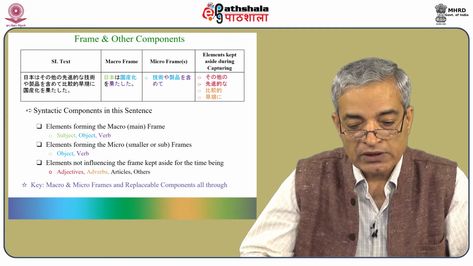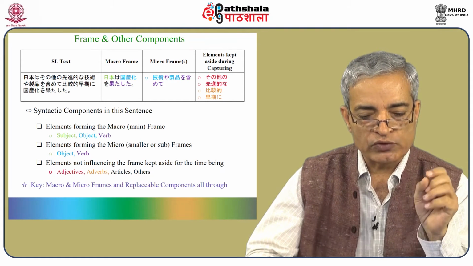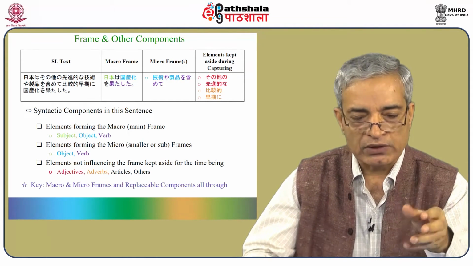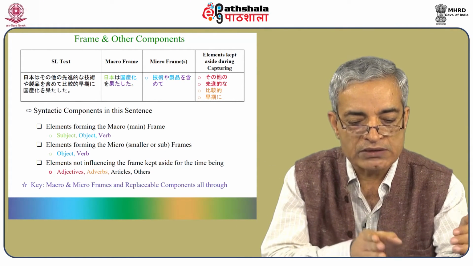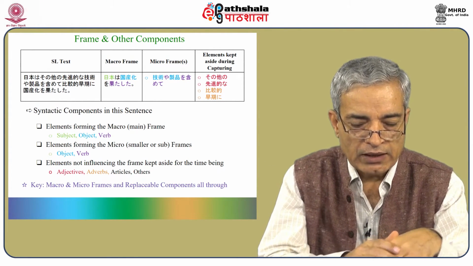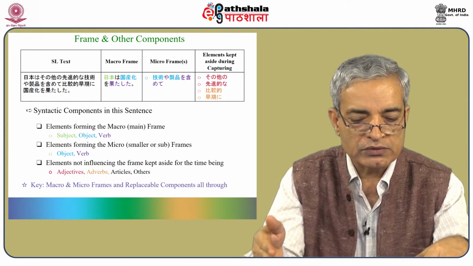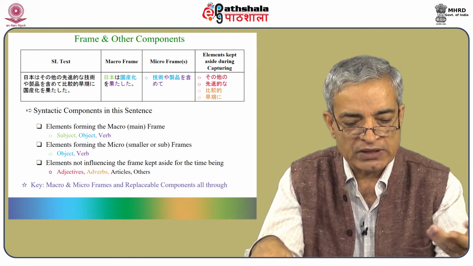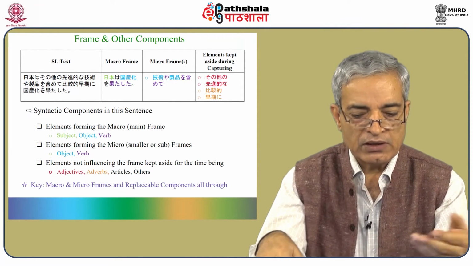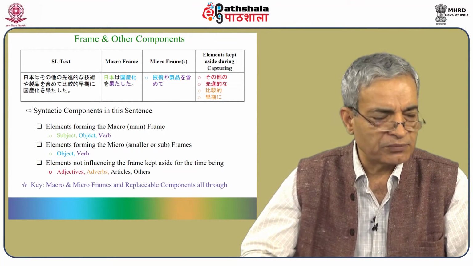If I say more clearly, then you can say that the macro frame is Nihon wa koksan ka o hatashita. If you translate this, and then in between, that is the micro frame, if you bring in the micro frame, that is including technology and the product. And when finally rendering the translation, then you can say sono hokano senshin tekina. So sono hokano is the other, senshin tekina is progressive or advanced, and hikakuteki soki ni is a very simple adjective.